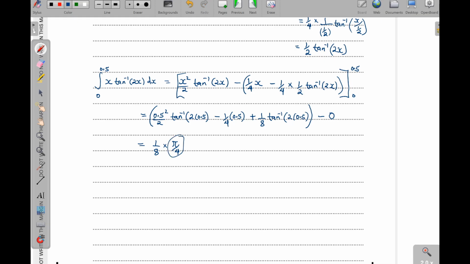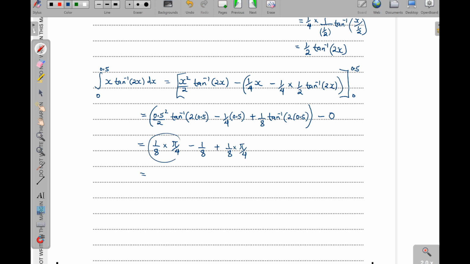You write pi over 4. And then here, this one is a quarter, then times a half is still 1 over 8. So 1 over 8. And then plus, this is 1 over 8 again, times pi over 4, not so?